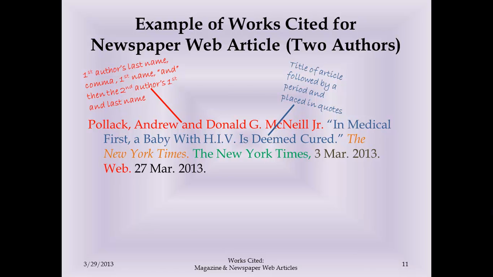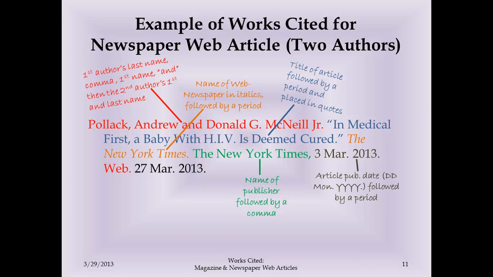Then you'll put a space and the title of the newspaper website, the New York Times. That's followed by a period and a space. Then you have the New York Times, which is the name of the publisher. Remember, the name of the publisher, you want to boil that down to the most important words in that publication name. You follow that by a comma and a space.